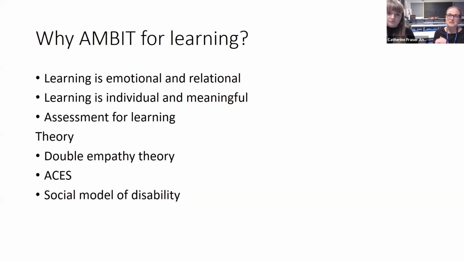Our next step is to try to bring this into education through the young people that we're teaching on the side of a mainstream school. The long-term goal would then be to roll that out into the mainstream school, and ideally beyond that if we can. And our reason for AMBIT for learning is that predominantly learning is an emotional and relational experience.